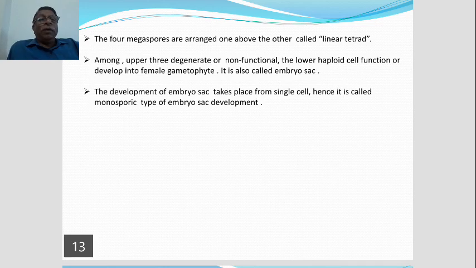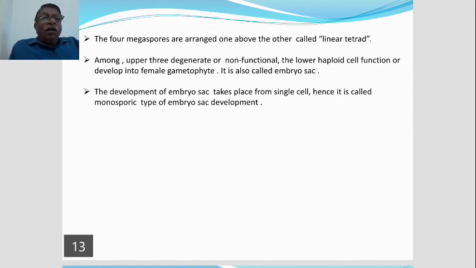Note, very important point, among 4 megaspores, upper 3 degenerate or disintegrate or become non-functional.